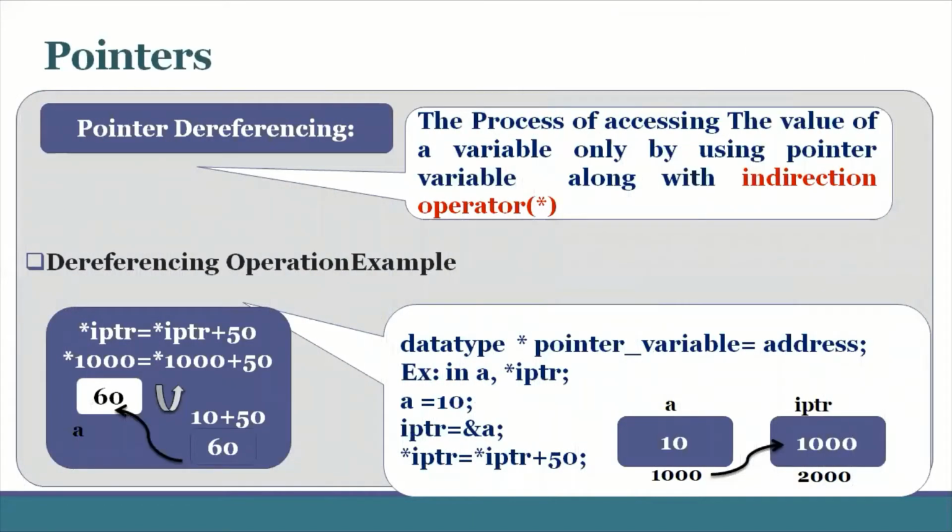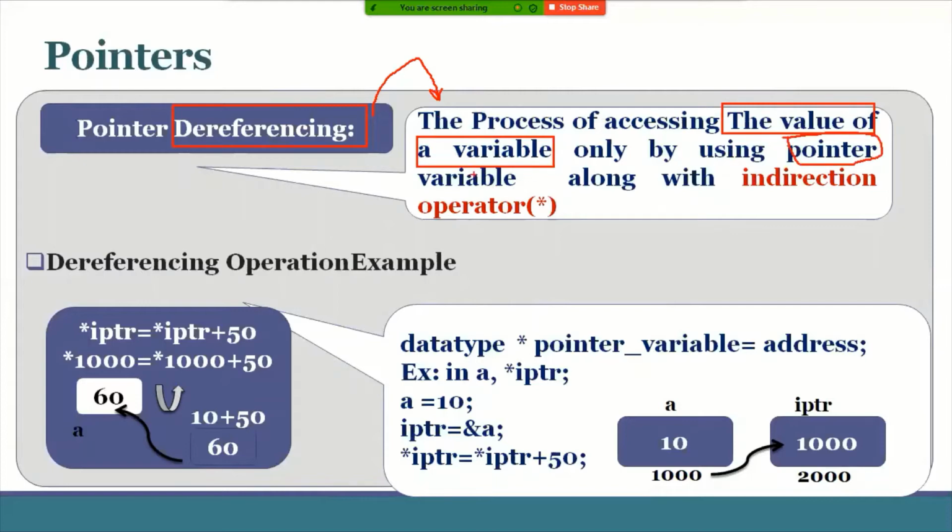The first one is the single pointer dereferencing operation. First of all, what is meant by dereferencing operation? The dereferencing operation is the process of accessing the value of a particular variable only by using a pointer variable, without touching the ordinary variable, along with the indirection operator.